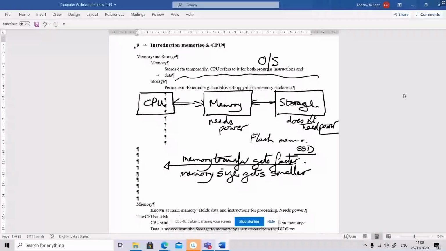Within the CPU you get this cache memory, and you get the registers, which are the final destination, if you like. The registers are where the information is put to be processed. The cache memory has various levels: level 1, level 2, possibly level 3 even.